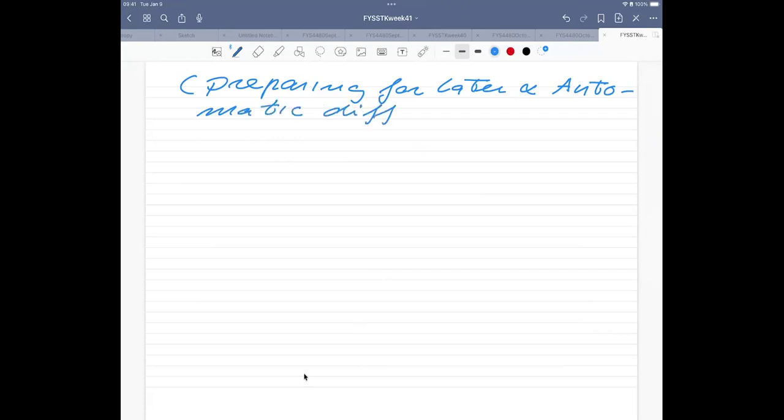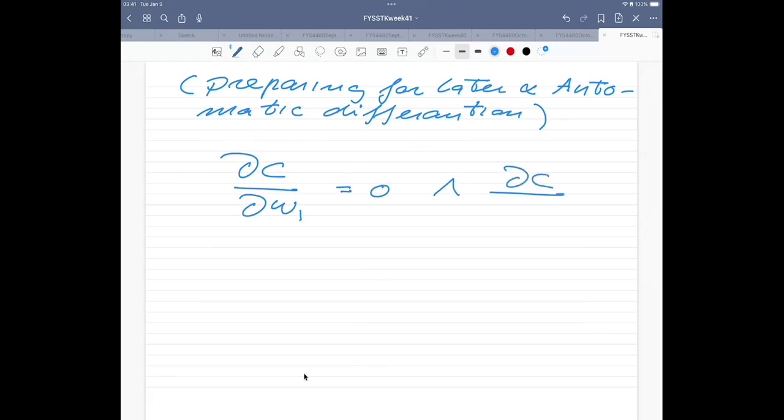So preparing for later means in this case, automatic differentiation, but also the back propagation algorithm. So what we are going to need is the following. We need dC/dW1 and dC/db1, these are the two parameters we have. And then we need to optimize the cost function.